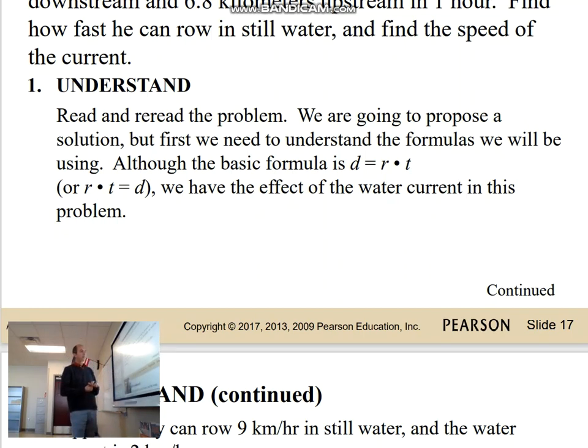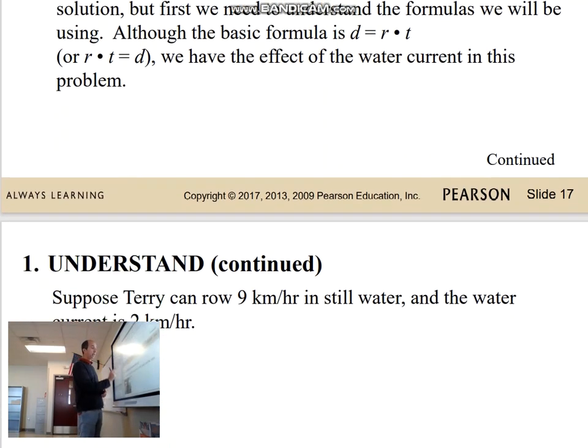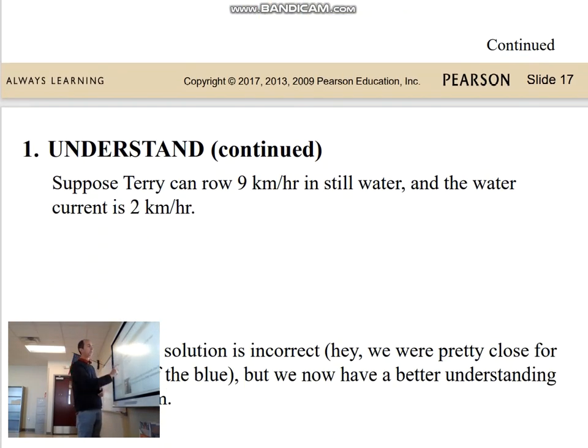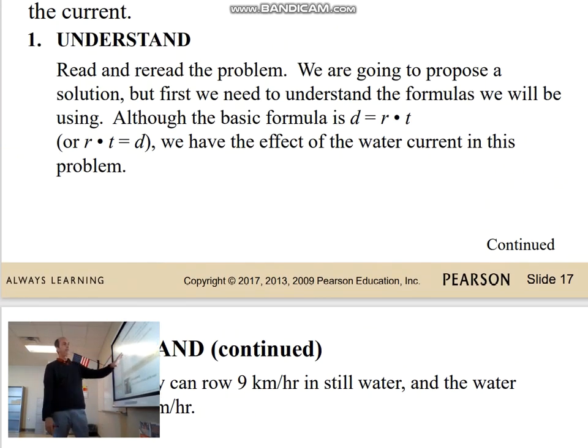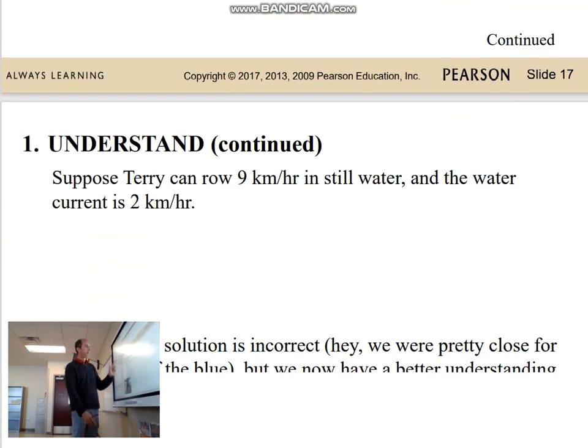And you know that the basic formula to calculate distance is distance equals rate times time, right? Or rate times time equals distance. But it doesn't take into consideration the effect of the water currents.